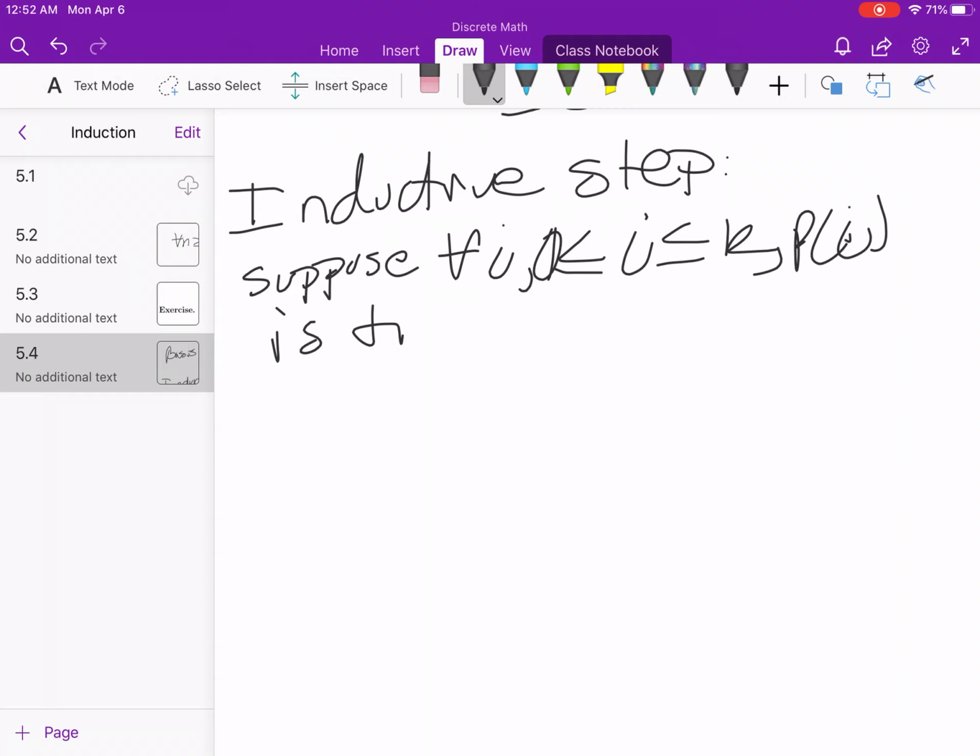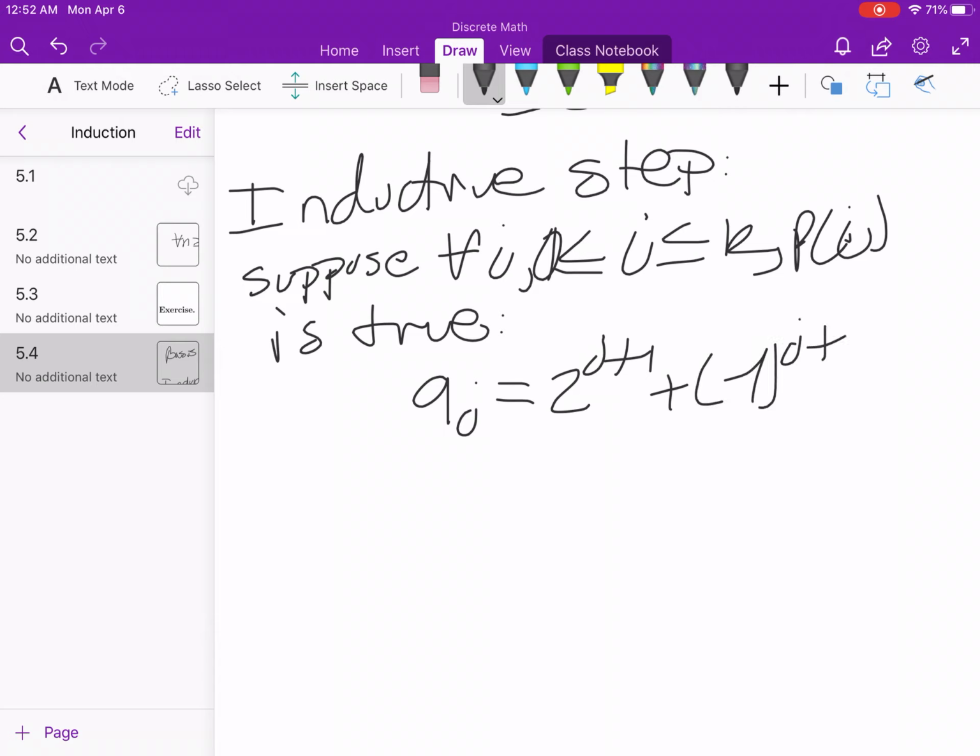Now, if we need a reminder of what that means, for some value i, my ith value of the sequence is just 2 to the power of i plus 1, plus negative 1 to the power of i plus 1. Okay?